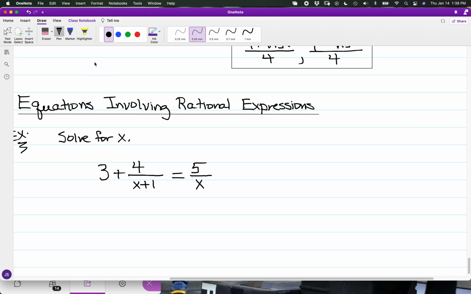Now, let me mention some things here. There was something from the other exercise where we had, at the start, restricted values. Whatever we have for x, we cannot have zero-valued denominators. So just as a precondition, we have that x plus 1 cannot be 0, and x cannot be equal to 0.